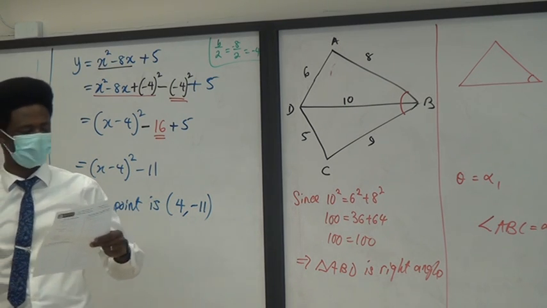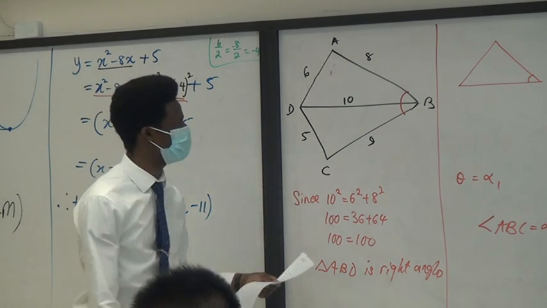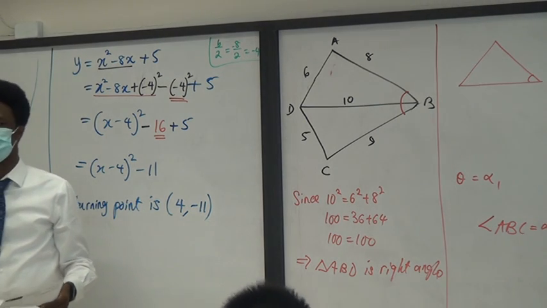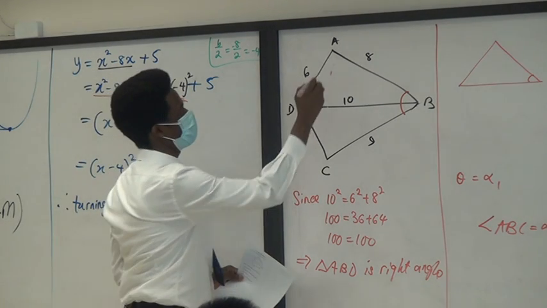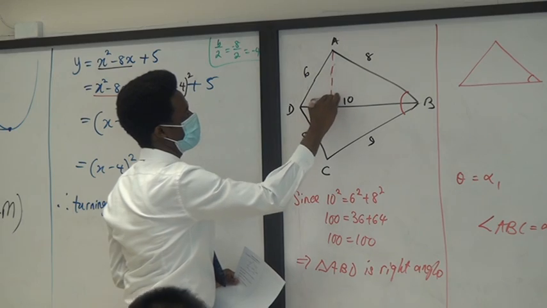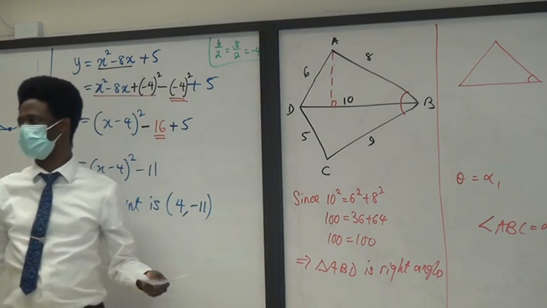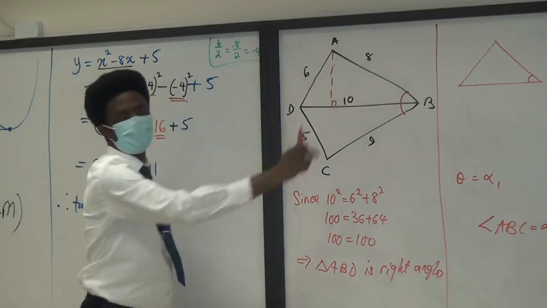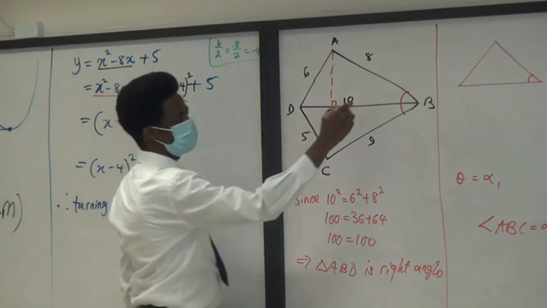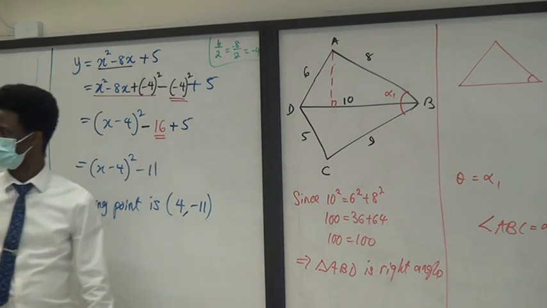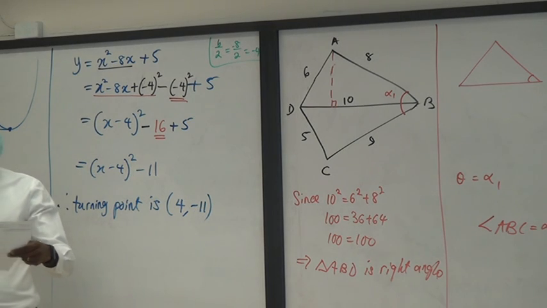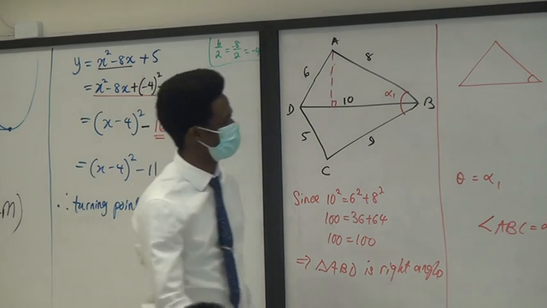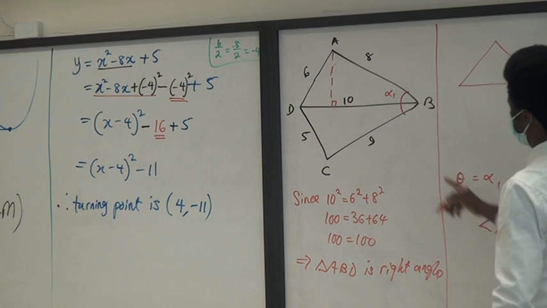Then second is shortest distance from A to BD. What does shortest distance mean? Say that again. The perpendicular height. Okay? So that's why we do that, because we already have this value, this alpha 1. Is that how you did it? Find the length AC. So for the length AC, you draw a different picture.